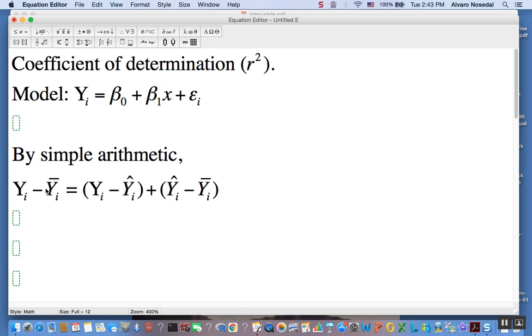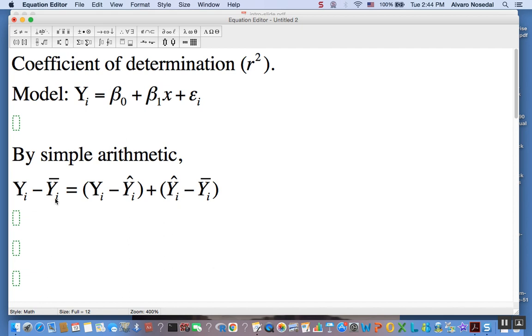From an algebraic standpoint, what we're doing here is just adding a 0, plus yi hat minus yi hat. That's a 0, but this guy represents our prediction using that model, after we come up with our estimates for beta 0 and beta 1.